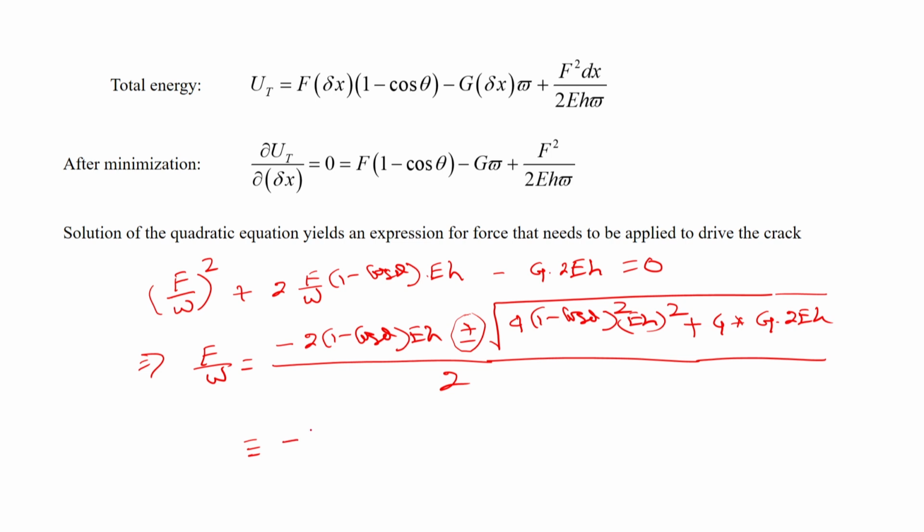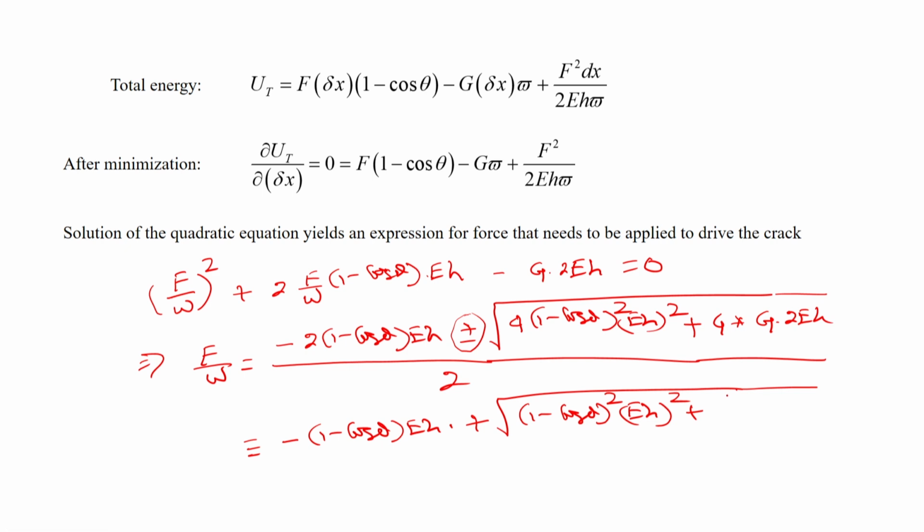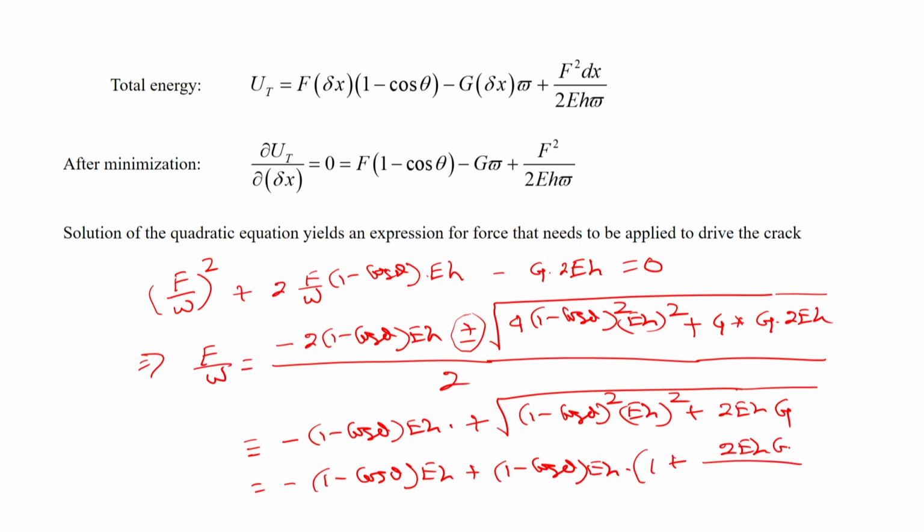Therefore, I should have minus, divided by 2, 1 minus cos theta into E into H, plus, divided by 2, the square root of 4 times 1 minus cos theta whole square into EH whole square, plus, divided by 4, 2 EH into G. What I can further do is take this power portion common, so that EH and EH go.